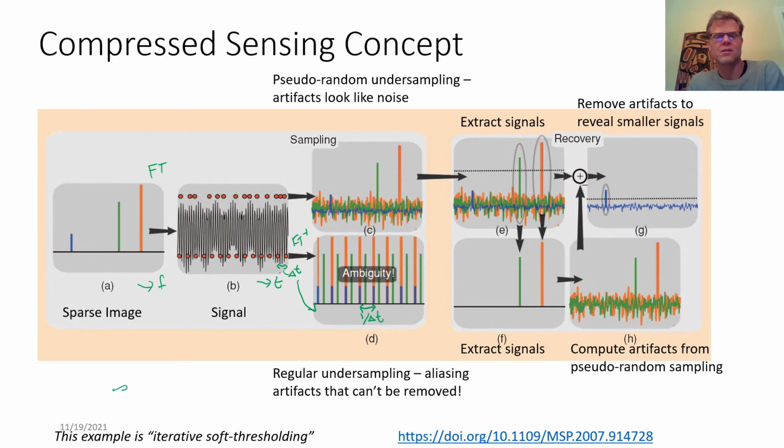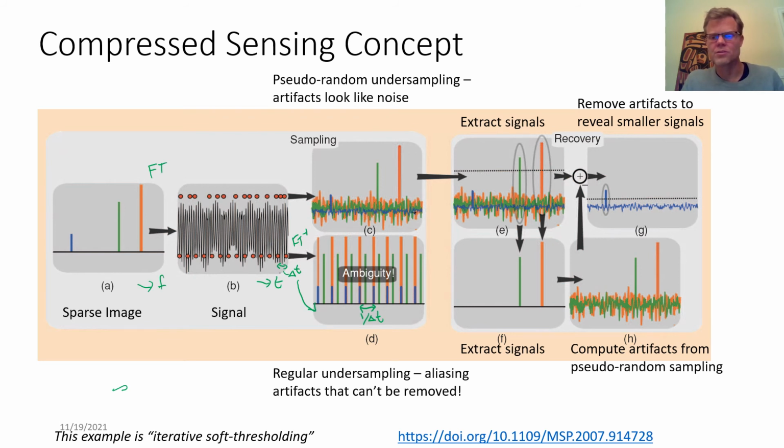So the signal you would reconstruct from this set of pseudo-random measurements would look something like part C here. Okay, so that's a start, right? We can see we've got a couple of the signals there. We do still have a bunch of aliasing artifacts. So what we do is apply this sparsity model and say, well, let's extract just the sparse signals that we can find so far.